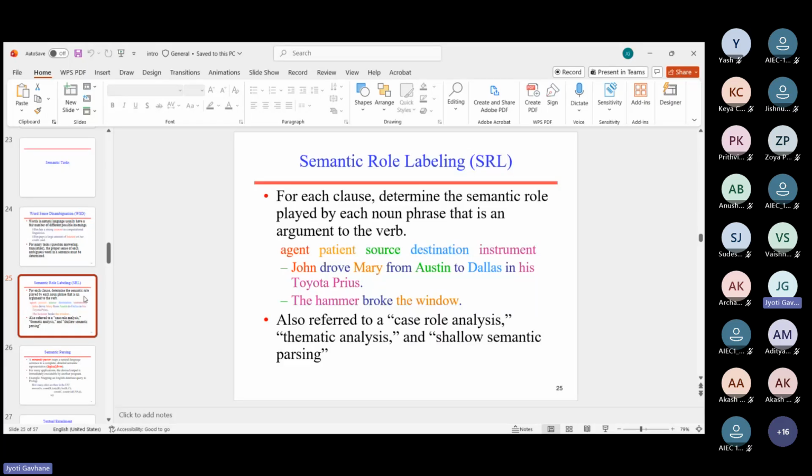Now, "the hammer broke the window." It is a simple statement. Hammer and window are the words, and "broke" means someone is acting. Did the hammer get up by itself and break the window? The answer is no. There should be some actor who is using the hammer. So some meanings have to be implicit. You have to understand the implicit meaning.